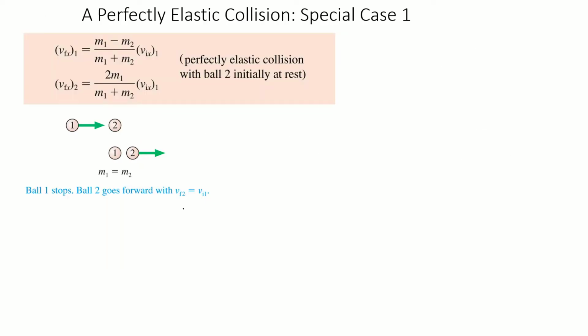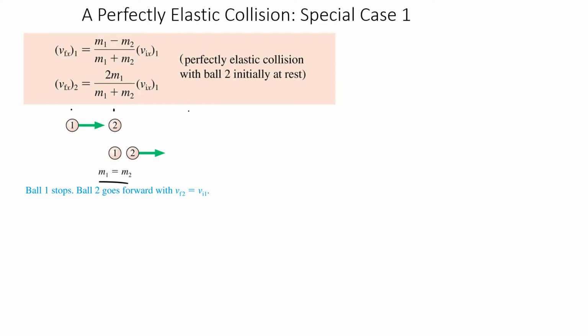One is, let's consider special case number 1, the same situation, ball 1 hitting ball 2, where the balls have equal mass. If you've ever played pool or billiards, you've probably seen this. You have a ball that's stationary, you hit the cue ball at it, those have the same mass, and the cue ball will hit whatever ball you strike. If it hits it head on, that ball shoots away and the cue ball stays stationary.